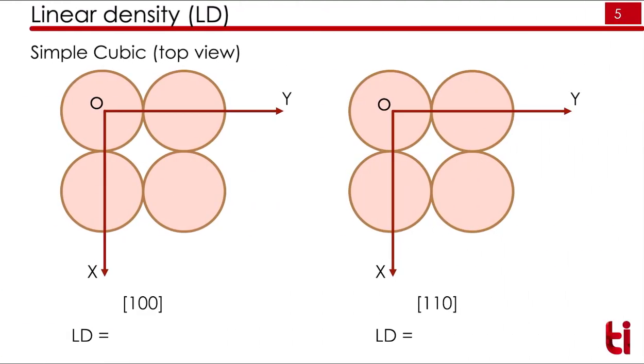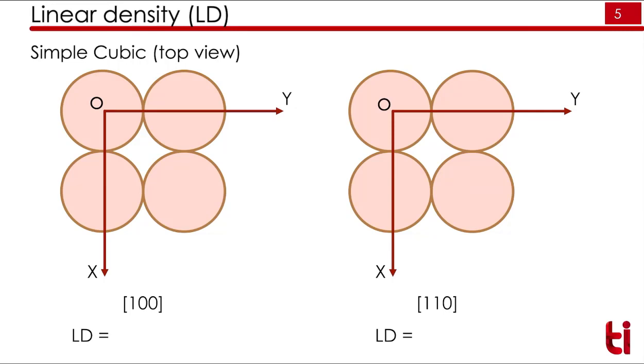Again, for better understanding, we can see the top view of these two. For 100, this is the x-axis, this is the y-axis, and the c-axis comes out of the screen. Again for 110, this is the x-axis, this is the y-axis. Now we will show the number of atoms per unit distance.